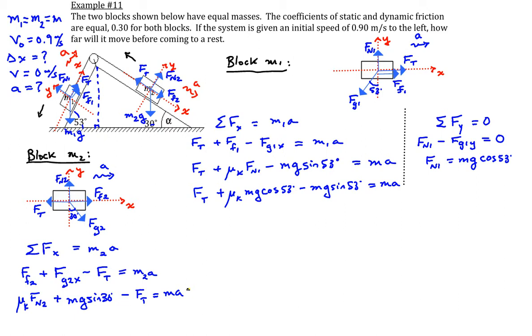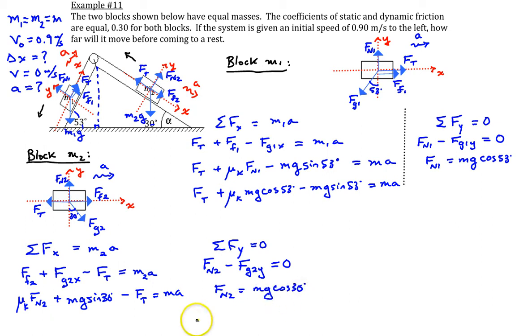Okay, so we'll need to get rid of the normal force, and that's going to come from the sum of the forces in the y is equal to 0, and Fn2 minus the y component of Fg2, the weight of that. So the normal force Fn2 will be equal to mg times the cosine of 30 degrees.